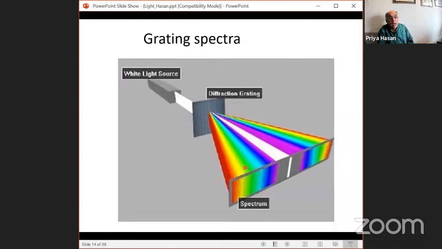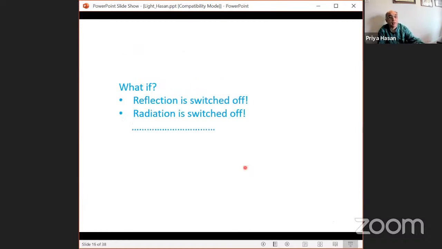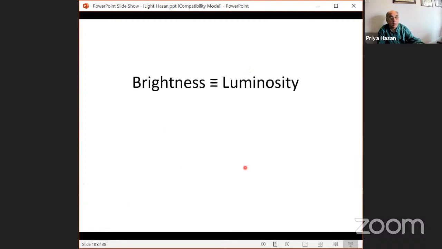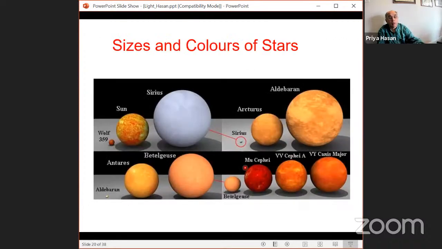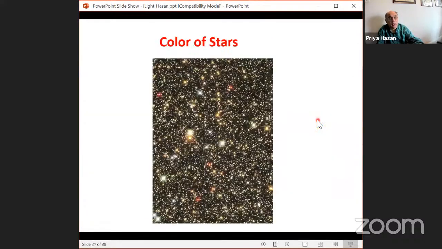And here we have the diffraction grating, which I showed here, which does the same thing, how it scatters light differently.